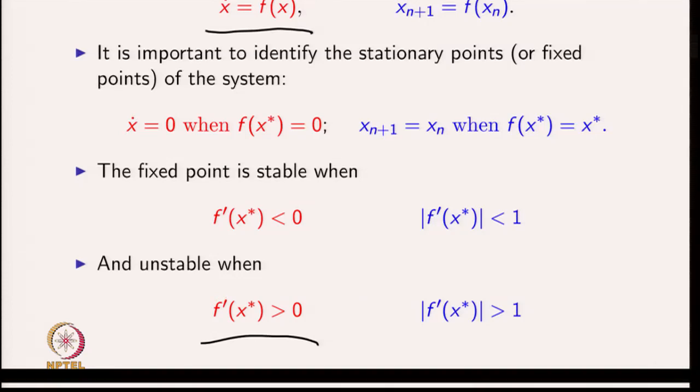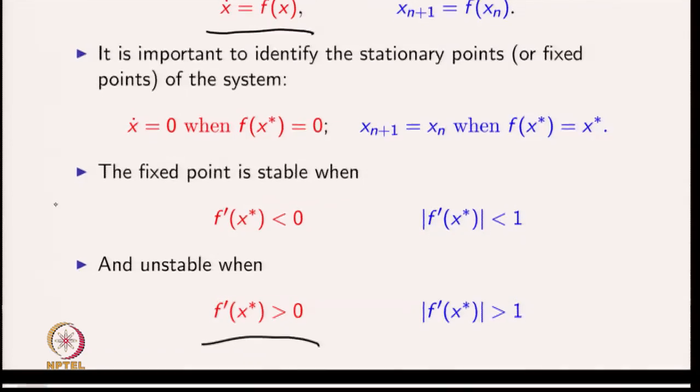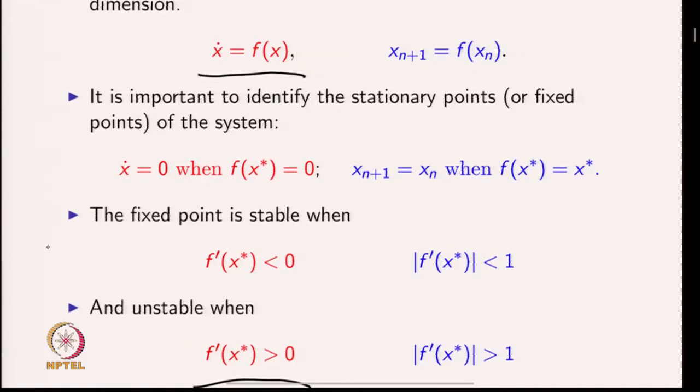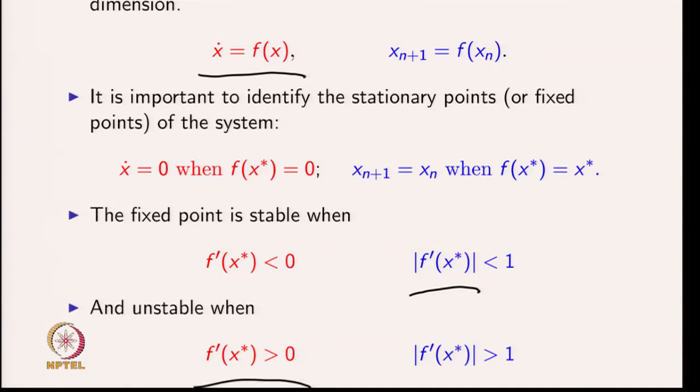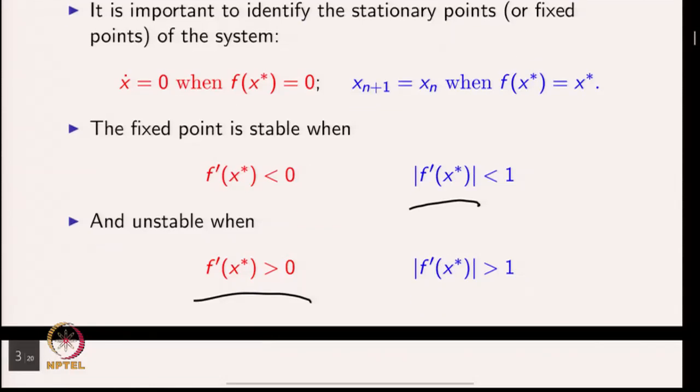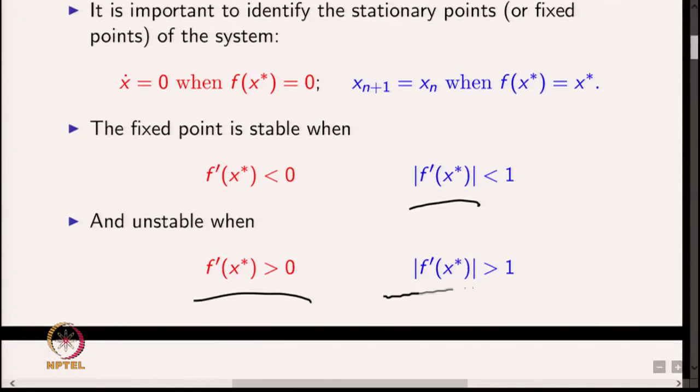For the map, on the other hand, at the fixed point, if the derivative is less than 1 in modulus, then the fixed point is stable, and if the derivative is greater than 1 in modulus, the fixed point will be unstable.